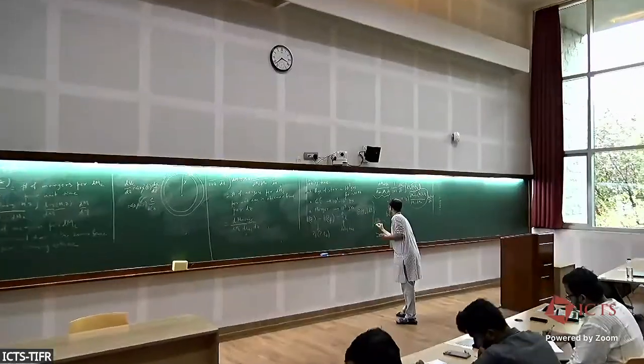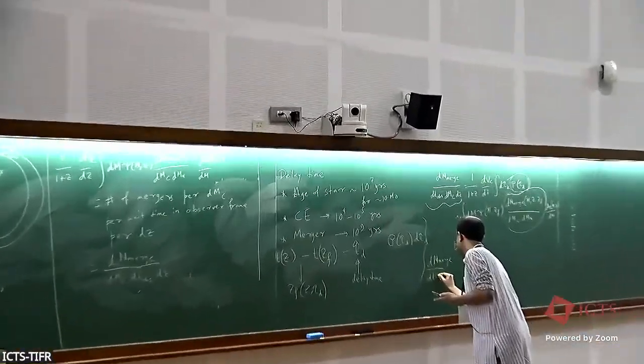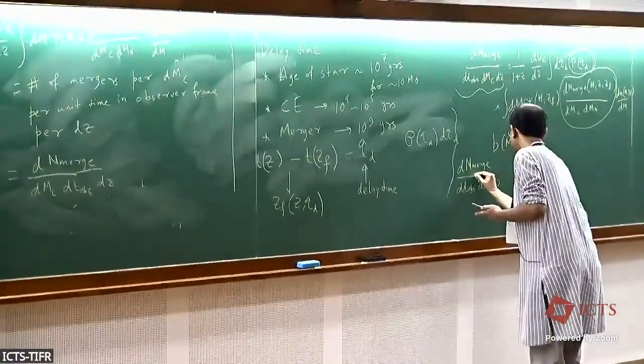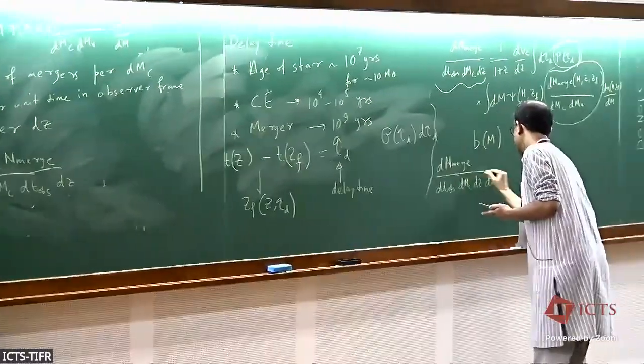So for that, you don't integrate over this mass. So I will calculate dN_merge dt, everything remains the same, but I don't integrate over halo mass.